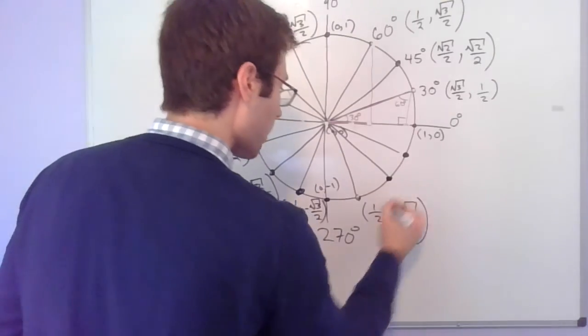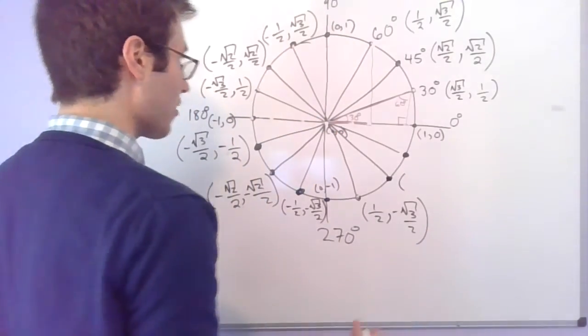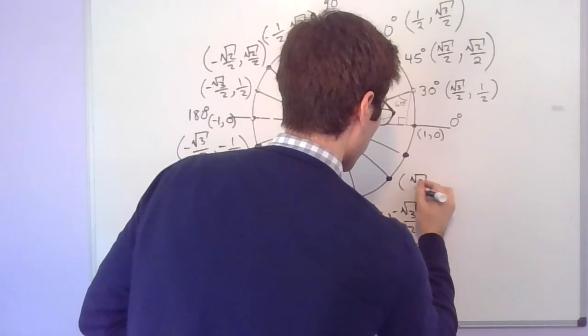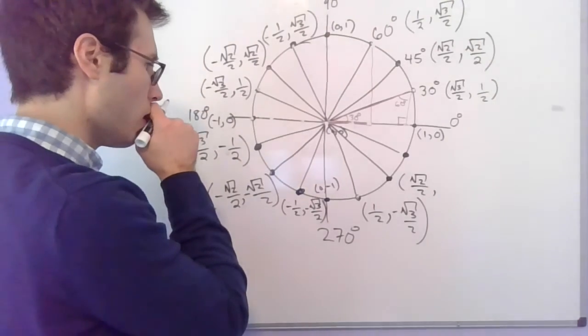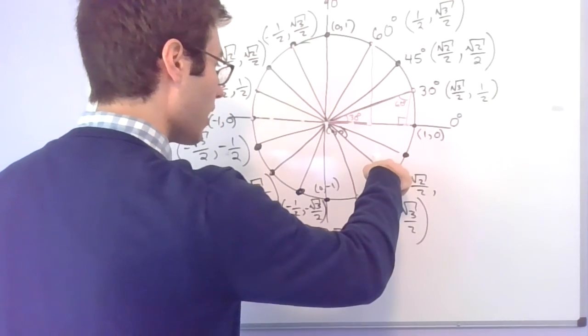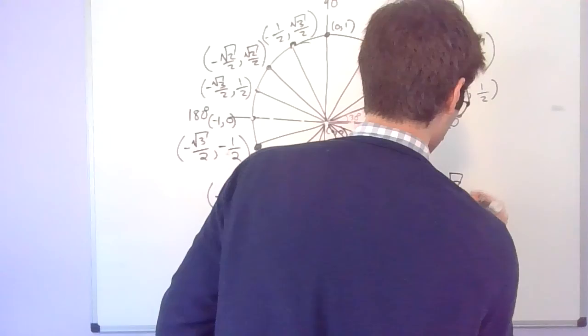This point right here, we know it's going to be the same x and y coordinate, so it's going to be square root 2 over 2, and then, well, positive or negative here? Here's y. Oh, yeah, that's negative. I'm going down. It's negative, so it must be negative square root 2 over 2.